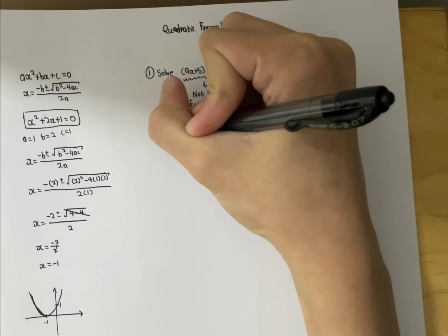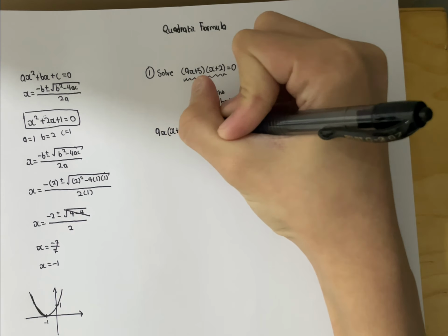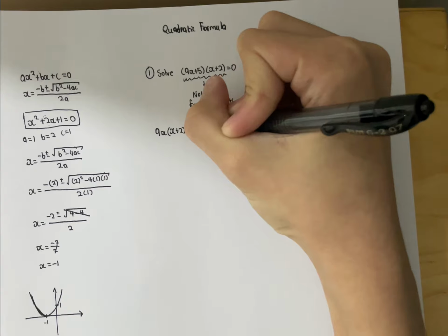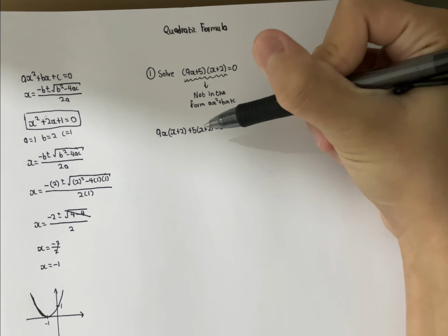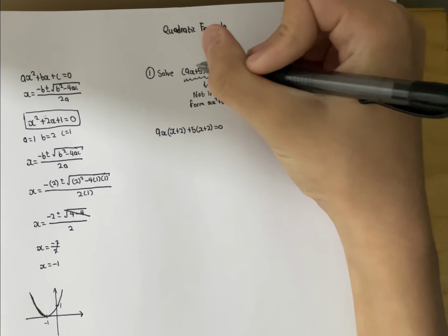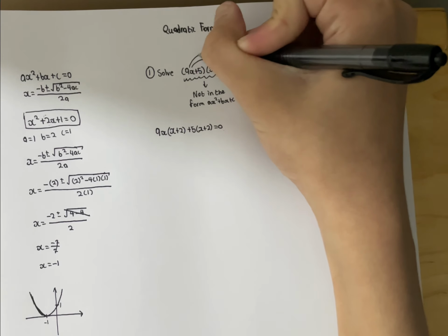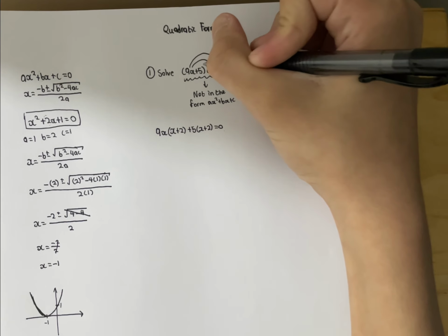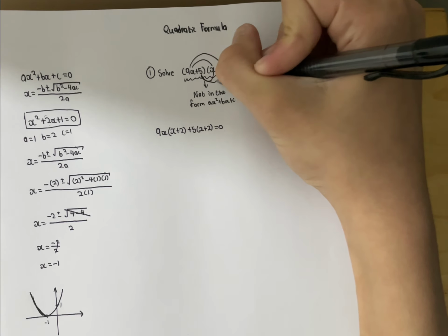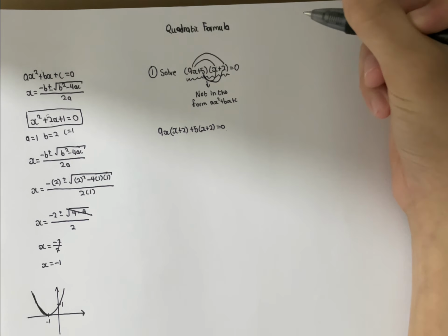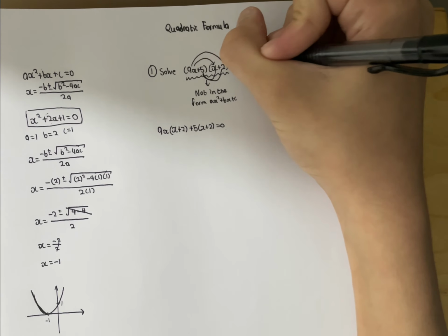So this is just going to be 9x(x + 2) + 5(x + 2) = 0.